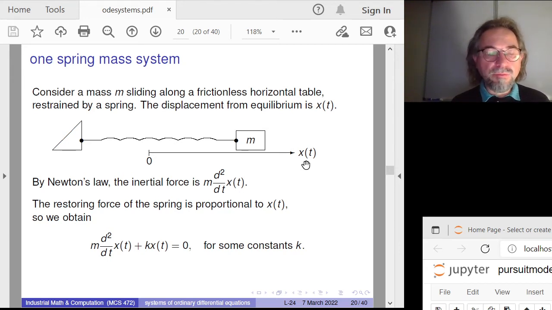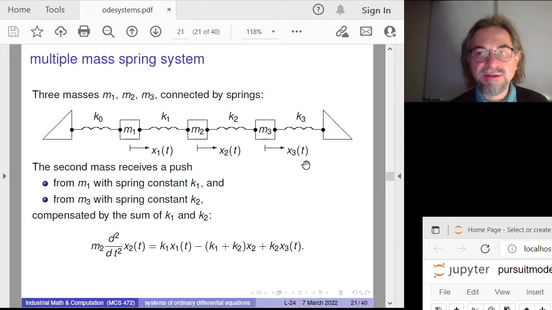And now we are considering, so this is a systems lecture, we are considering multiple masses. So here on the picture I have three masses depicted at equilibrium. The middle mass is connected to two springs, one from the left, so there is a push coming from the first mass, and then a push also coming from the third mass.